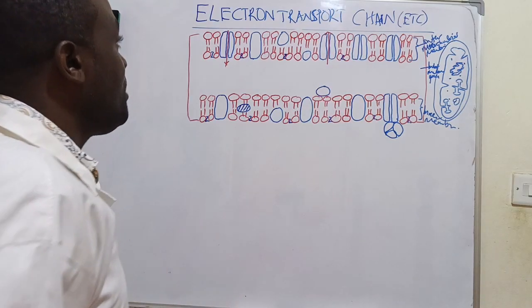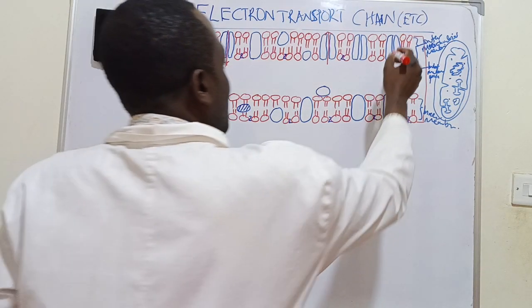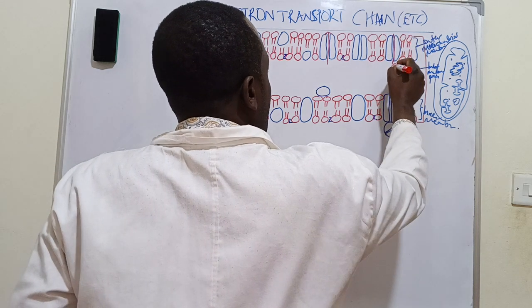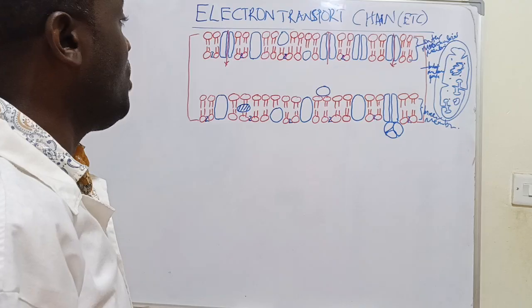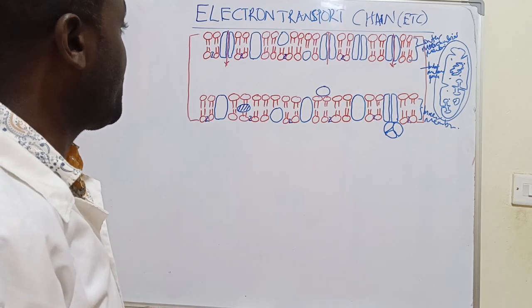Porin is made up of a lot of pores. So materials can enter or leave based on their electrochemical gradients.